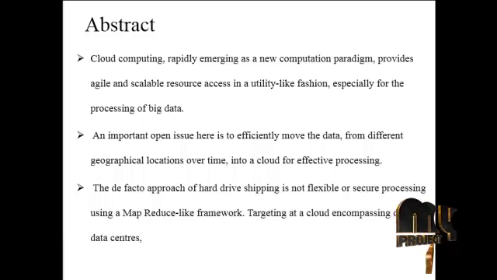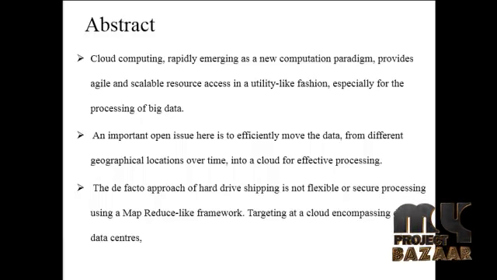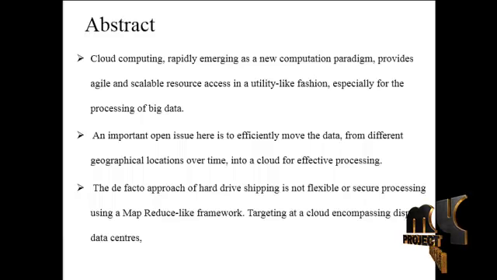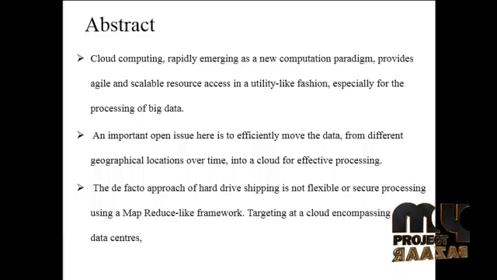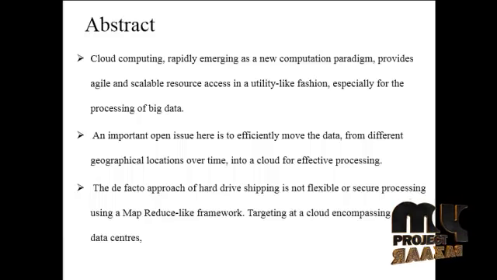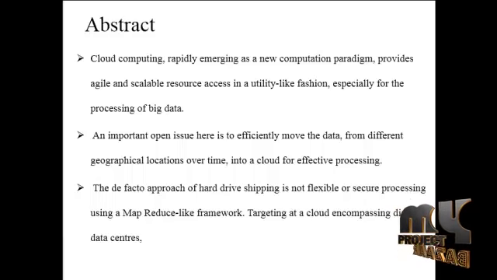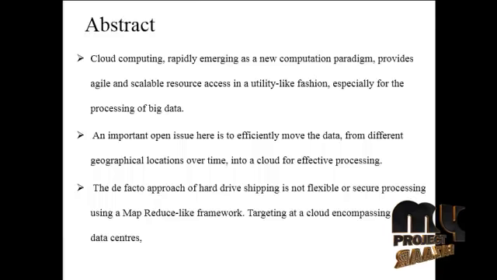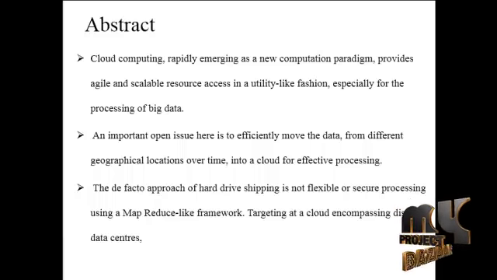Targeting a cloud that encompasses dispersed data centers, we model the cost-minimizing data migration problem and propose two online algorithms: the online lazy migration (OLM) algorithm and the randomized fixed horizon control (RHFC) algorithm. They optimize, at any given time, the choice of data centers for aggregation and pre-processing as well as the routes for transmitting the data.